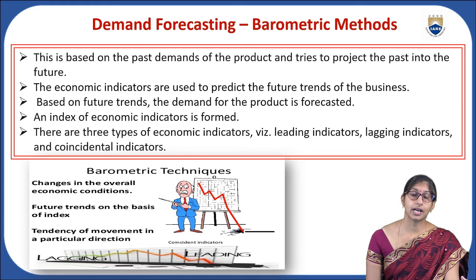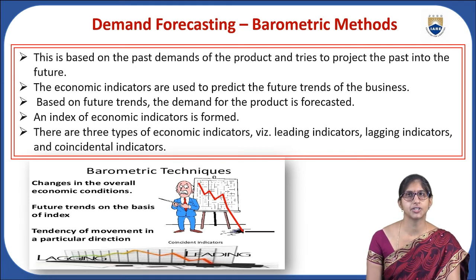So that we can estimate based on the past data, right? Based on the economic conditions of the nation, one can estimate what is the trend of the business. So here, based on demand for the product, we are going to estimate the product.